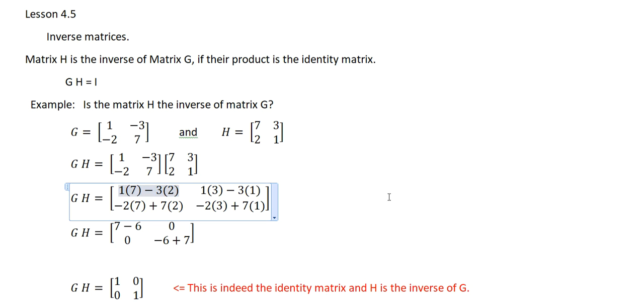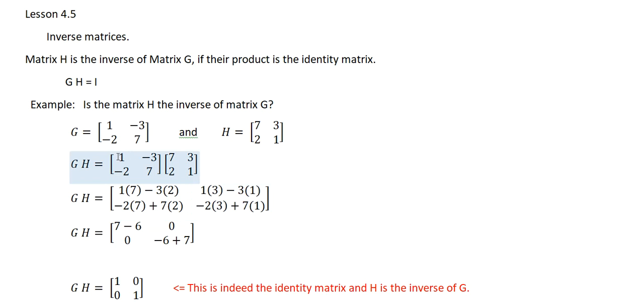So let's take a look at one of the off-diagonal elements. We're going to look at this one here in the upper right of the product. Because this is in the upper row, we're going to use the upper row, but it's in the last column of the product, so we're going to use the coefficients here in the last column.